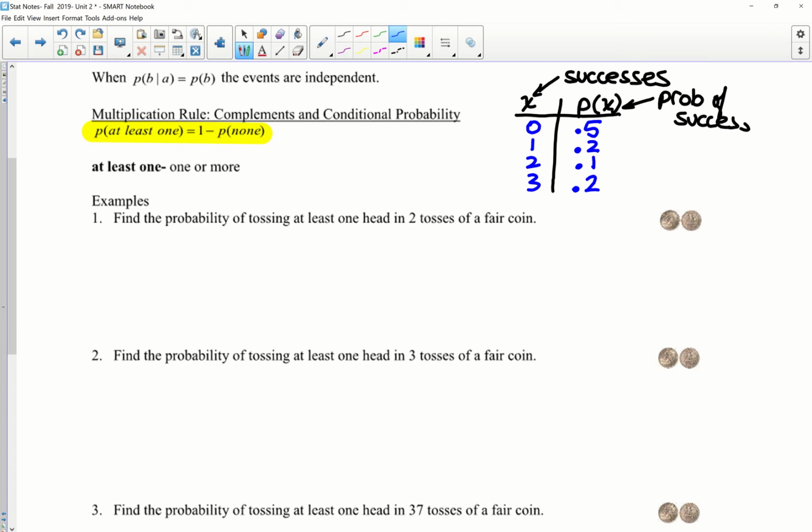But what this idea is saying is that we could do a couple of things. We could find the probability of getting 0, and that's 0.5, or we could find the probability of getting at least 1.